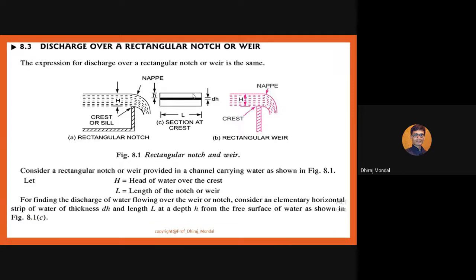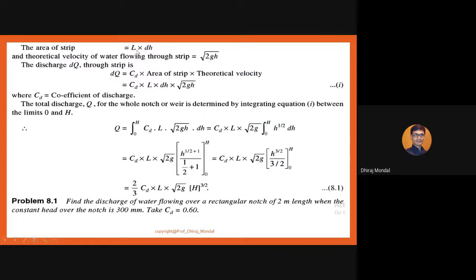And if I am taking the actual, then it will be Cd. Cd is equal to actual by theoretical discharge. So here you can see area of the strip L into dh, theoretical velocity root over 2gh, and dQ is equal to Cd into area into theoretical velocity.